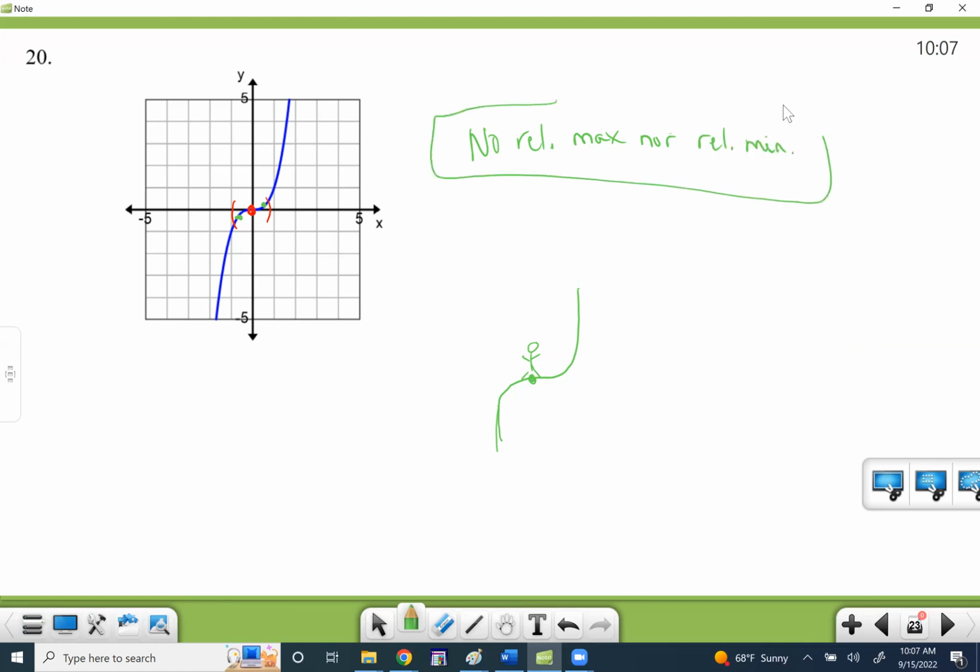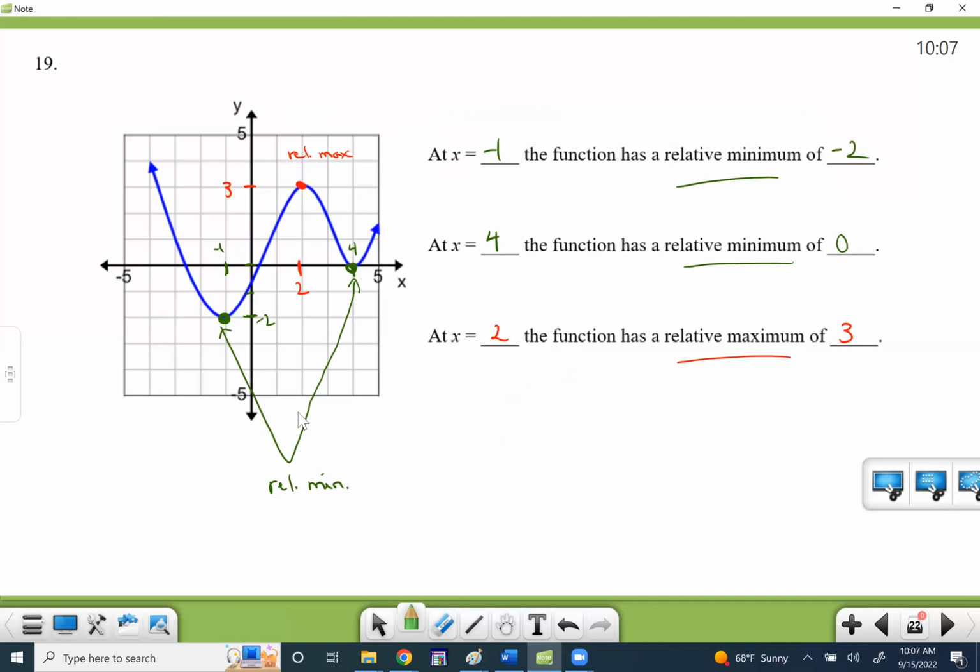Another way to tell is if your function's increasing and it's still increasing, then that would be nothing. When you think about relative maxes or mins, the graph changes directions there. Here I'm decreasing, decreasing, decreasing. After that, I'm increasing, increasing, increasing. And that's what created that min.